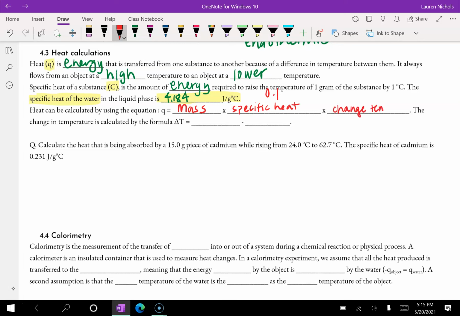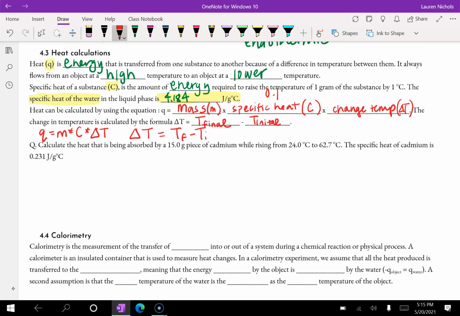Now, the symbols for those: mass is the letter M, specific heat is a capital C, and change in temperature is delta T. Now, the change in temperature is calculated using the formula delta T equals T final minus T initial. And so I kind of break it up this way. Q equals M times C times delta T. And your delta T is equal to T final minus T initial.